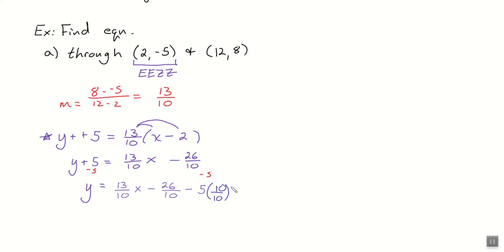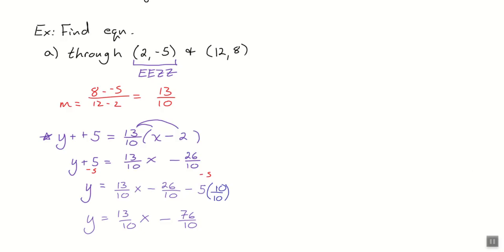Okay. So let's go one more step then. y is equal to 13 over 10 x. And then let's see, minus 26 minus 50, minus 76/10. 76/10. And could you stop here if you wanted?